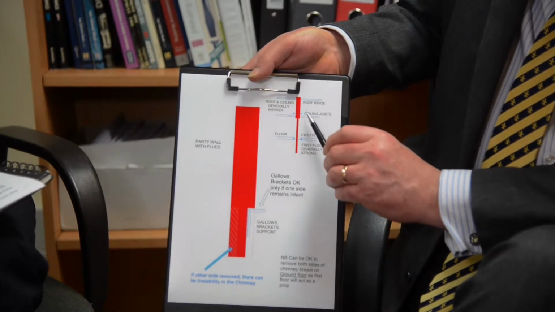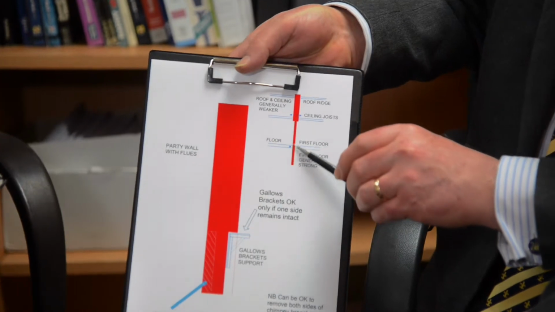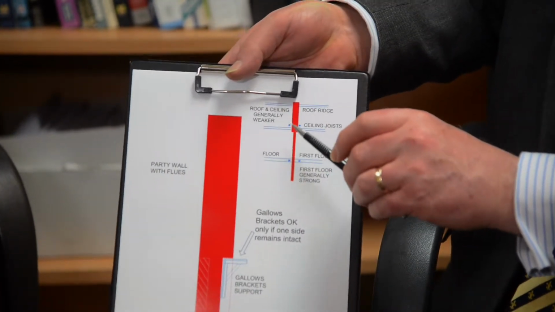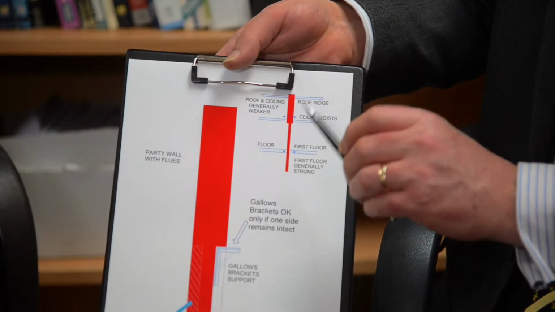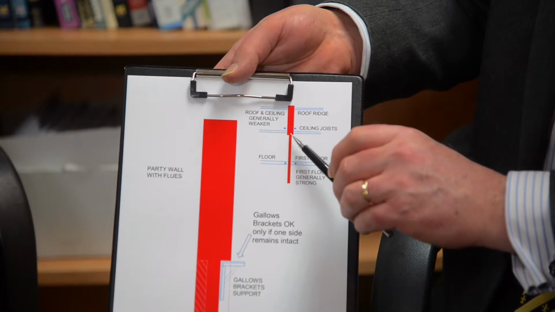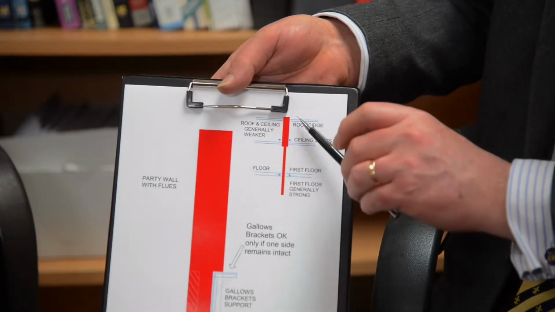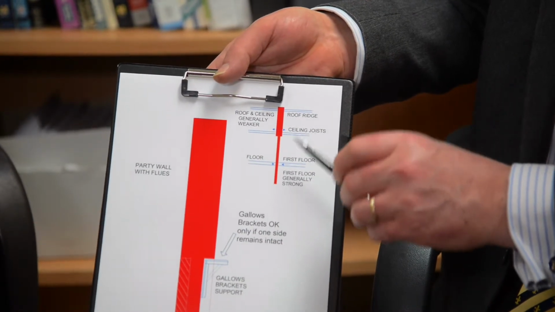If you look at a little sketch here, you can see this is the chimney breast, and you can see the unbalanced case here. Sometimes in London, you'll find that these chimney breasts have been removed and there's no support work being done. The chimney is now balanced here and supported only by the roof ridge up above and possibly by the ceiling joists, neither of which are major structural elements.